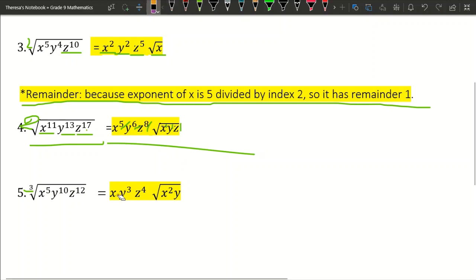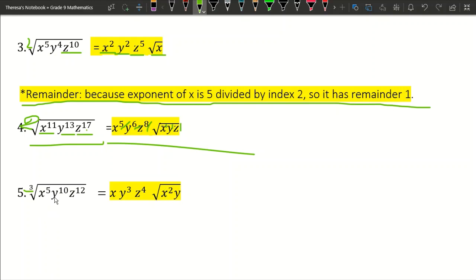So, pwede nyo lagyan ng 1, pwede na rin hindi. Okay? So, and we have remainder 2. So, kaya na natitira dito sa loob is 2. Okay? So, again, 5 divided by 3 is 1. Kaya may x raised to 1 power tayo dito sa labas. And remainder natin is 2, kaya may x raised to the 2 power tayo dito sa loob ng ating radical sign.